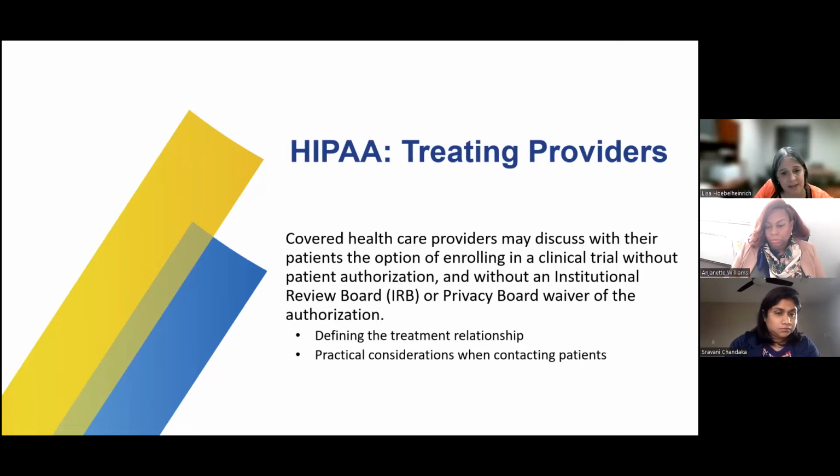So I just wanted to mention that we always need to be mindful of the different policies that may apply at the institution or covered entity that we may be working with to recruit participants in a trial or a research study.